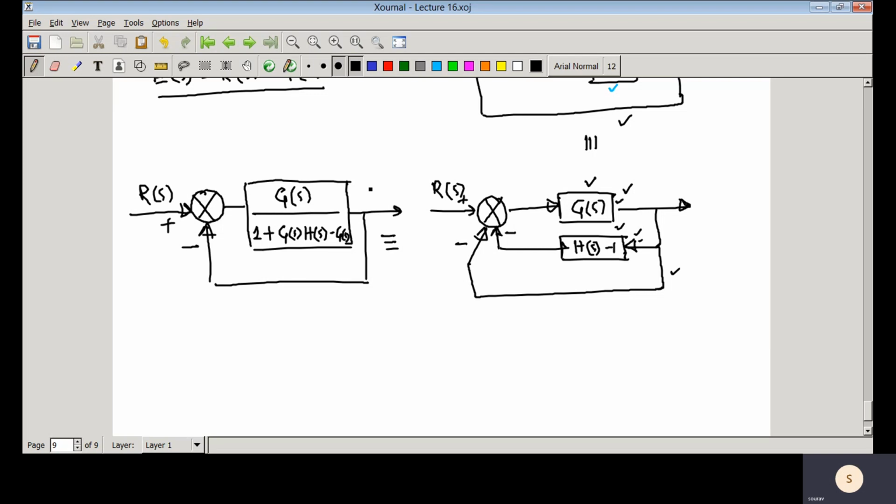So then now this is Y(s), and now you can see that this one is coming E(s).